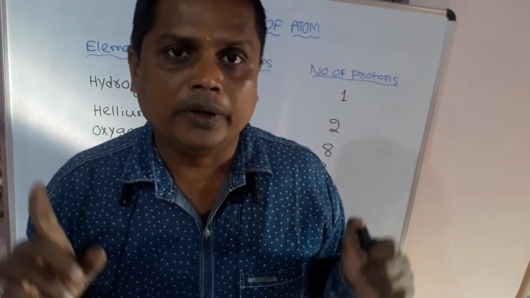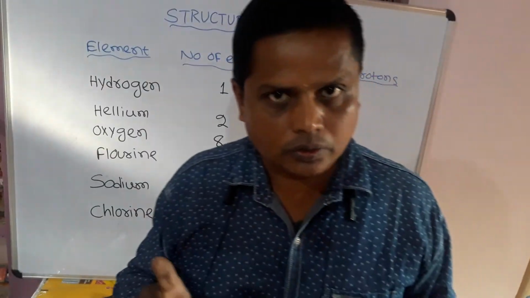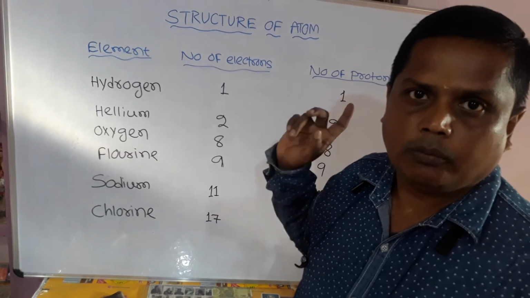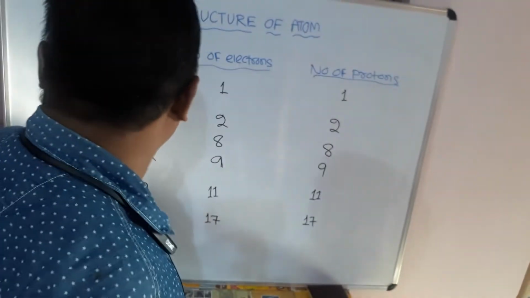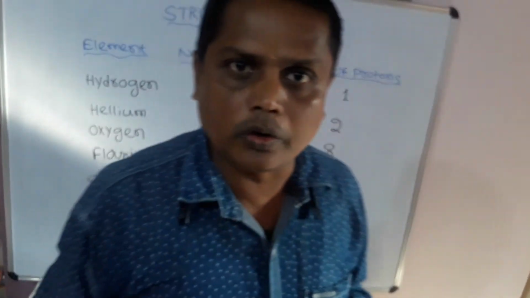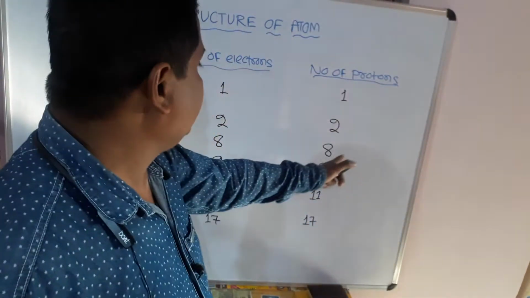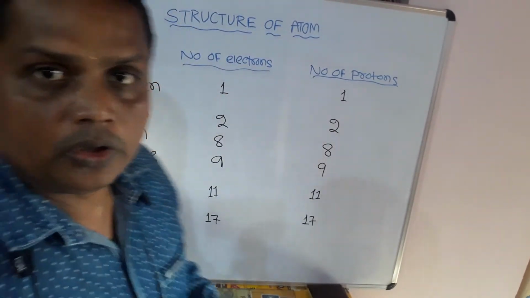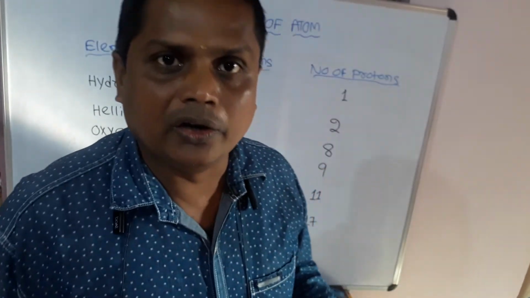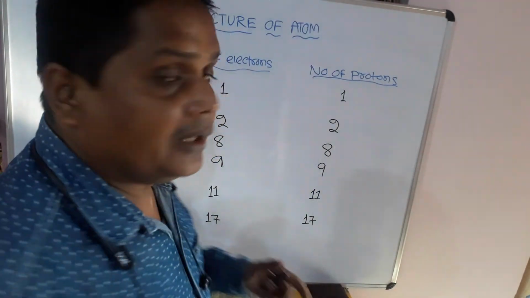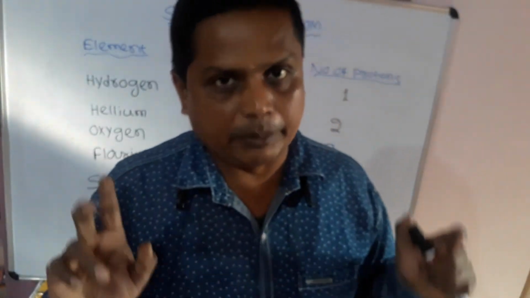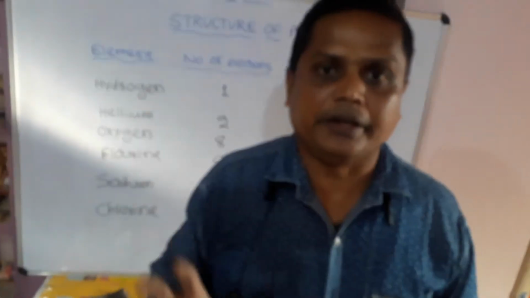Oxygen, number of protons 8, number of electrons 8. Fluorine, number of electrons 9, number of protons 9. Sodium, number of electrons 11, number of protons 11. Then chlorine, number of electrons 17, number of protons 17.